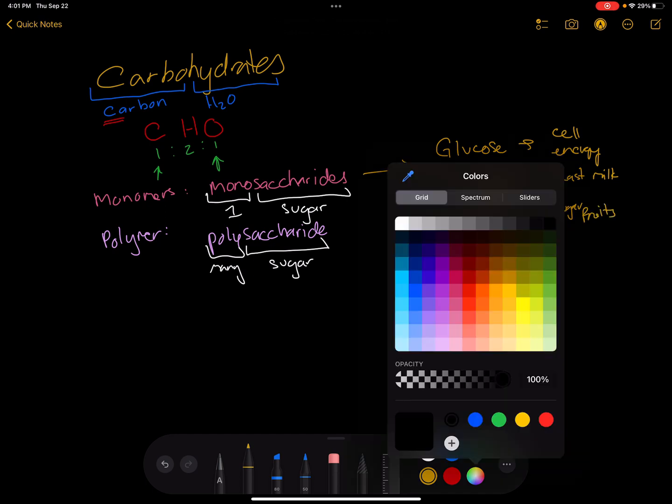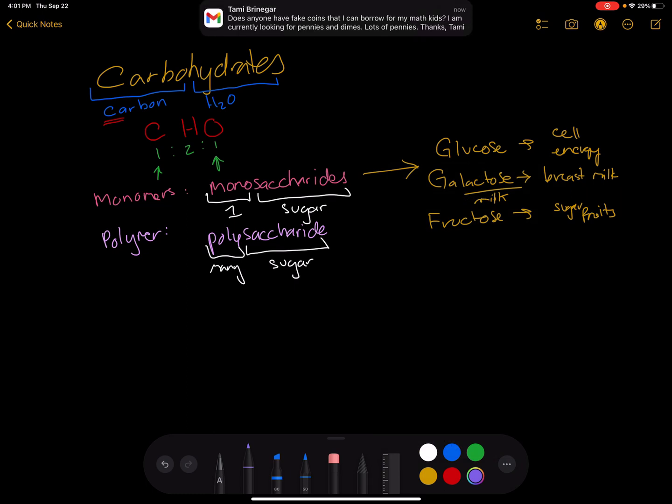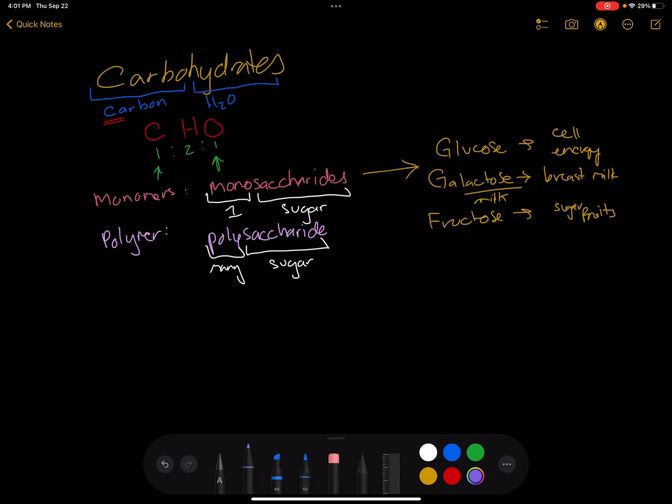Now, a few things to notice about this. The first one being all of these end in the same suffix. They all end in ose. So glucose and fructose and galactose. So whenever we start looking at carbs, the suffix, or the thing it ends in, is always ose.